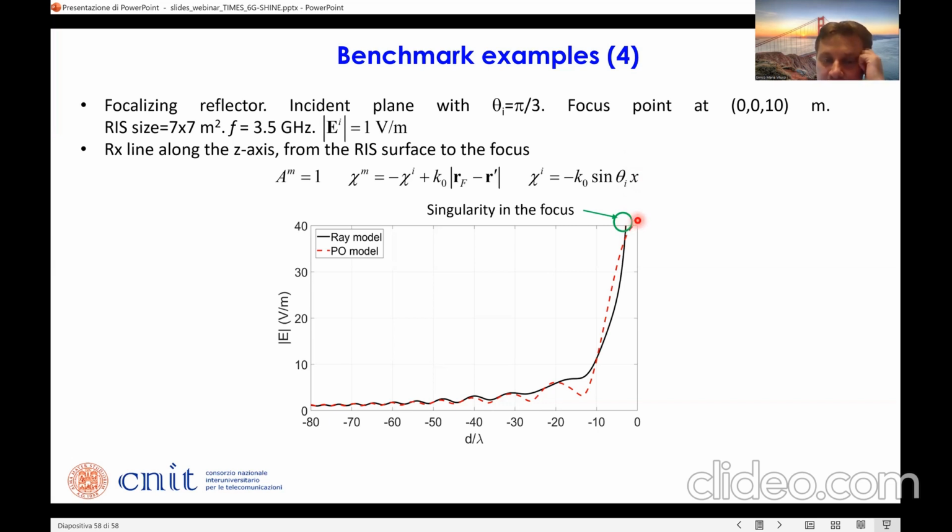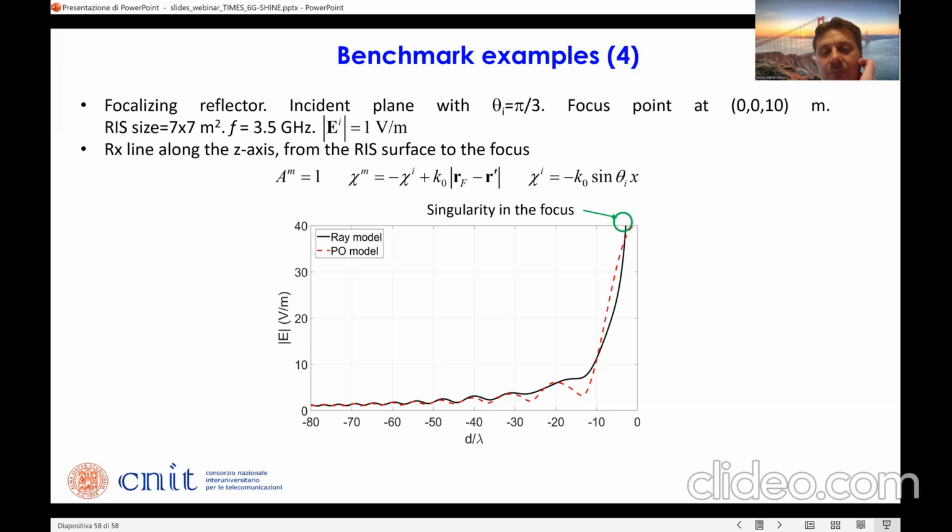Anyway, this is a very common limitation of geometrical optics, and future work will investigate possible ways to deal with this problem and to extrapolate some value of the radiated field on the caustics, which makes sense and is not unreliable, as it happens currently.